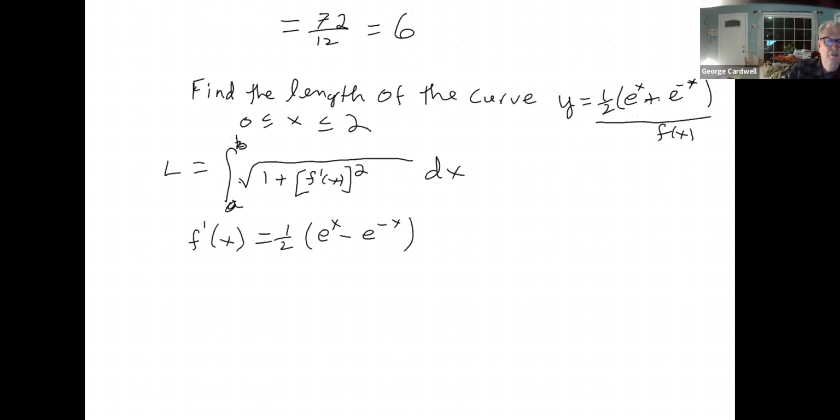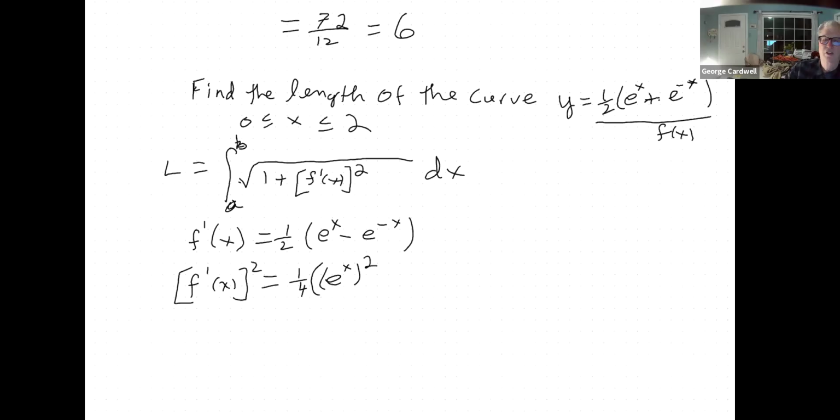Now, what is f prime x squared? Well, it's going to be 1/2 squared, which is 1/4. And then you're going to square this binomial. You take the first term squared. So e to the x squared is e to the x quantity squared. But if I have something to a power, I just multiply the powers.